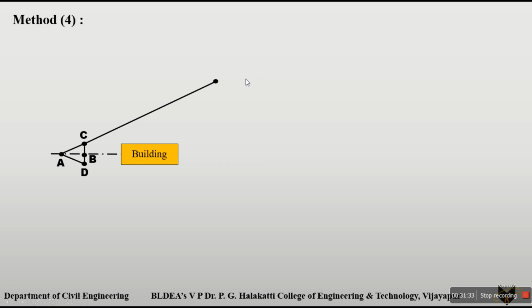Now you have to fix one point, that is point E. One small condition applies for selecting the E point: the distance AE is equal to n times the distance of AC.